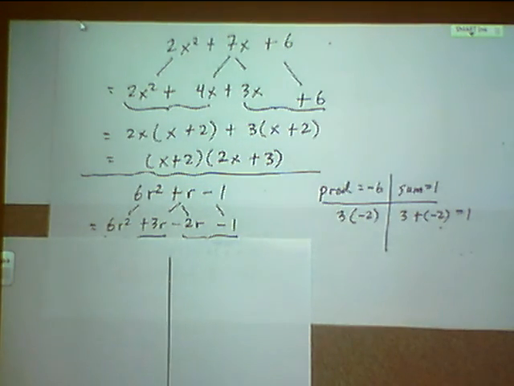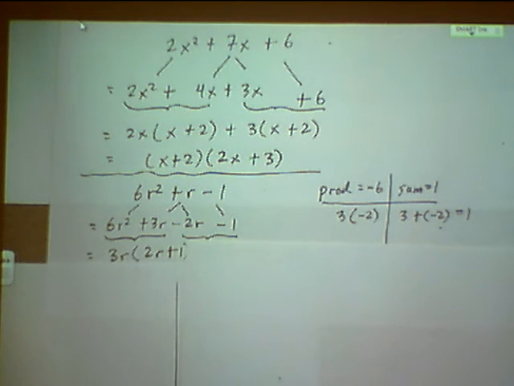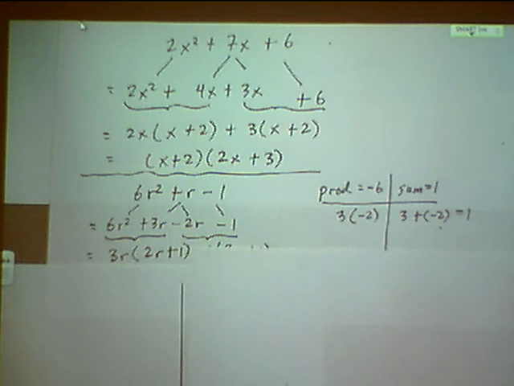I notice the first 2 terms have a GCF of 3r, so I factor out the 3r, and inside parentheses I have 2r plus 1. And then if I look at the last 2 terms, there's no GCF per se, but I do notice that they're both negative. So I'm going to factor out a negative 1. So you see here, I factor out a negative 1.